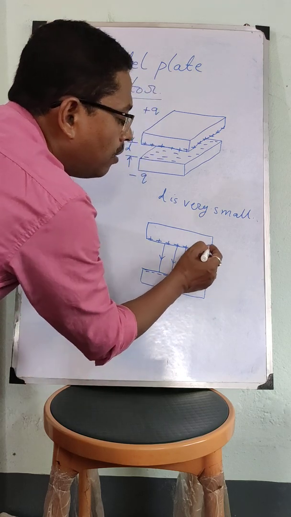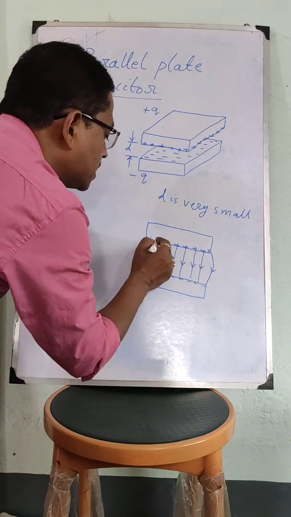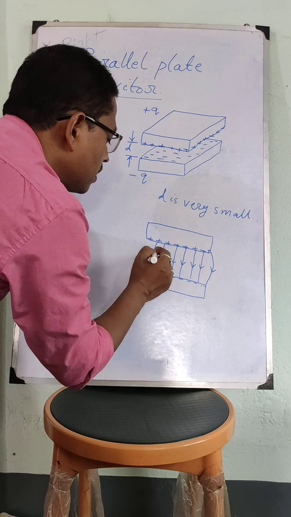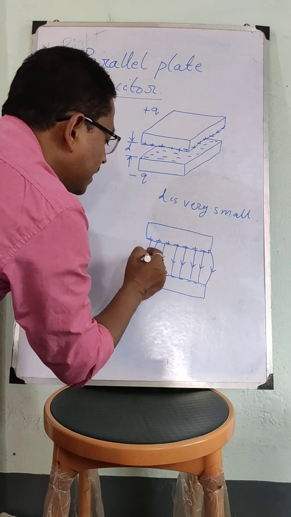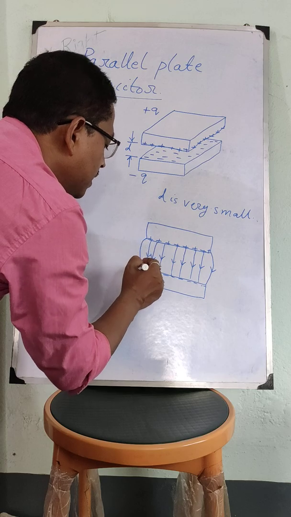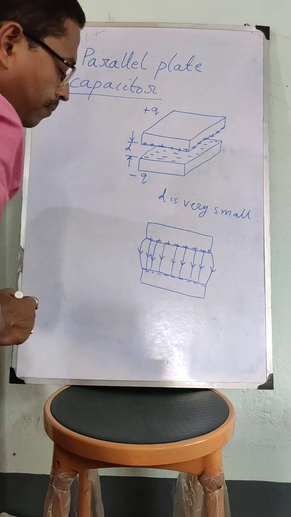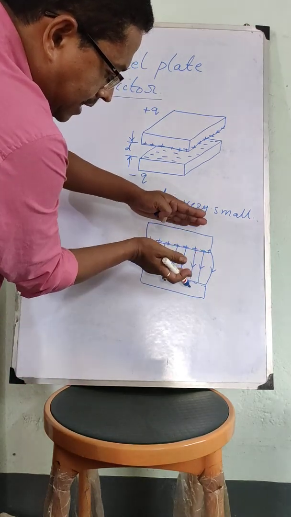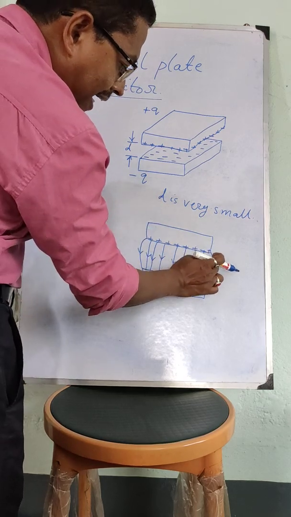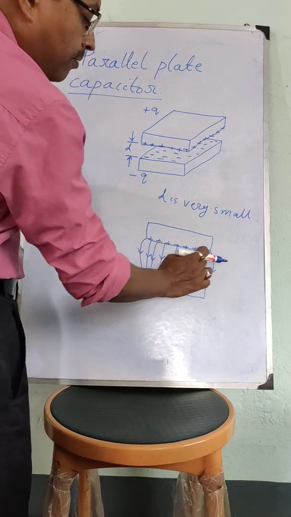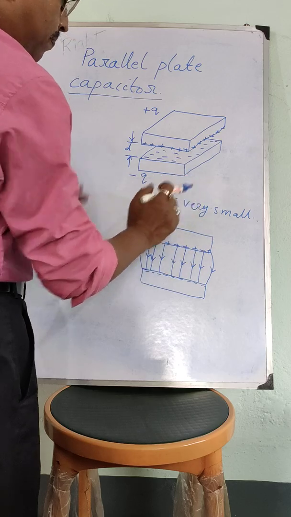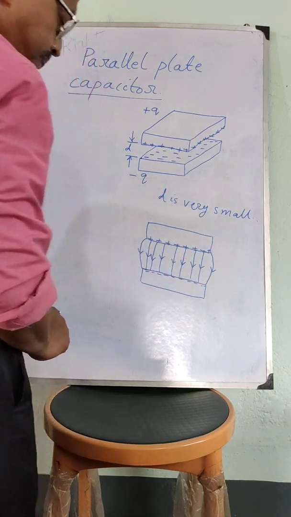This is called the fringing of the lines of force. So at the end it will be slightly bent, but since this distance is very small, we can neglect this bending of the lines of force at the ends.